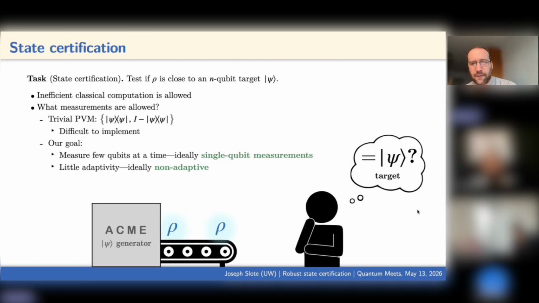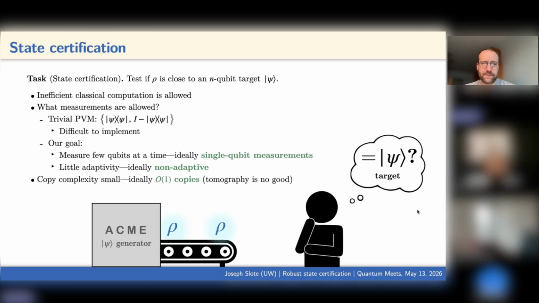The other thing we might want is little adaptivity. Especially in near-term devices, adaptivity is rather expensive. It's hard to hold on to a coherent post-measurement state, so it's great if the measurements are non-adaptive.